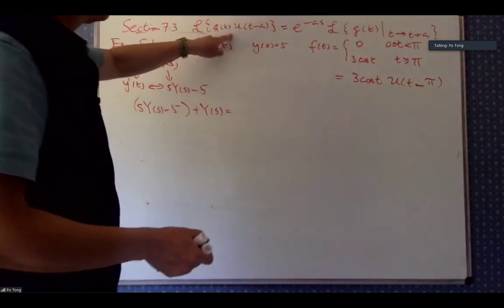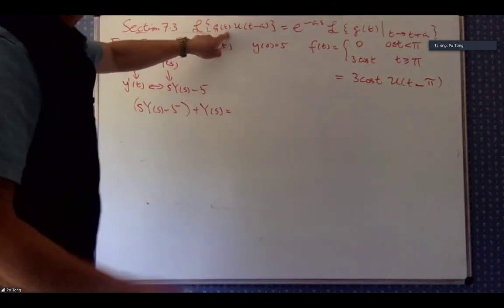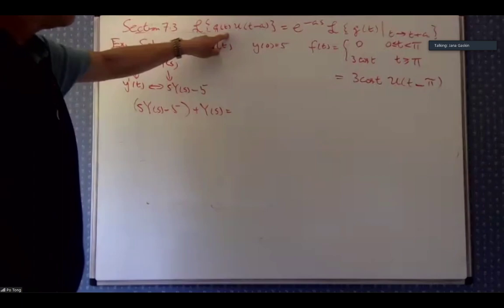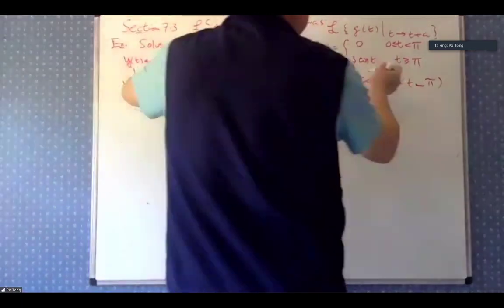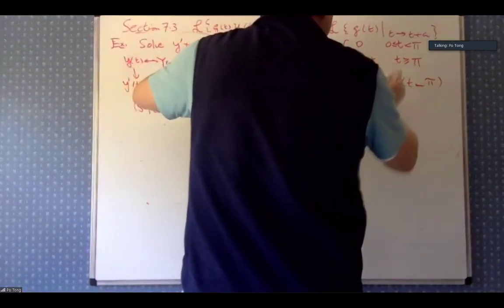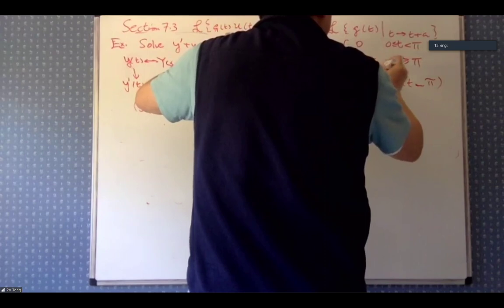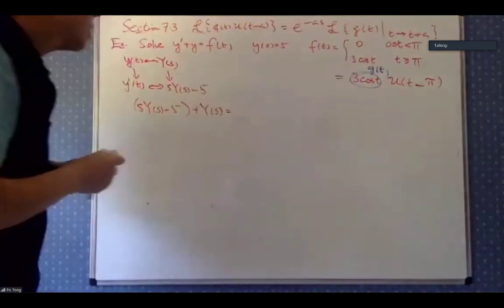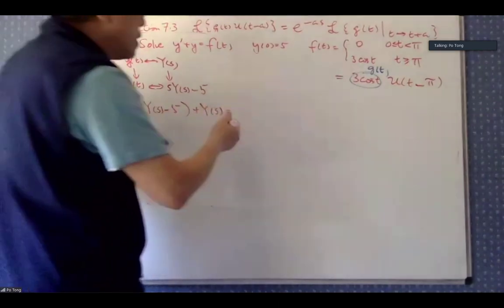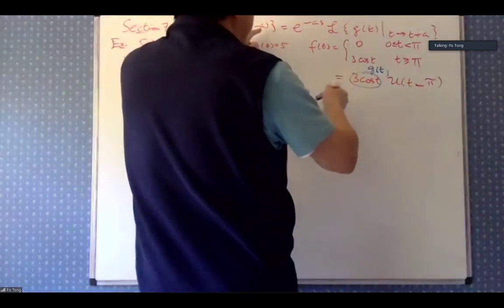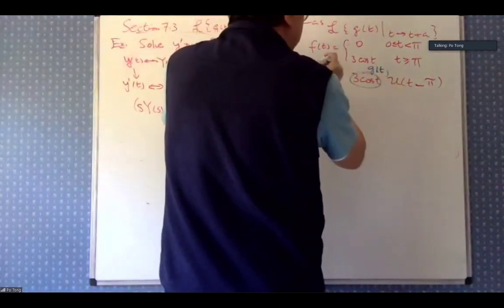So what will be g(t)? 3 cosine t. Yeah, this essentially is my g(t), right? And what is a? a is pi.